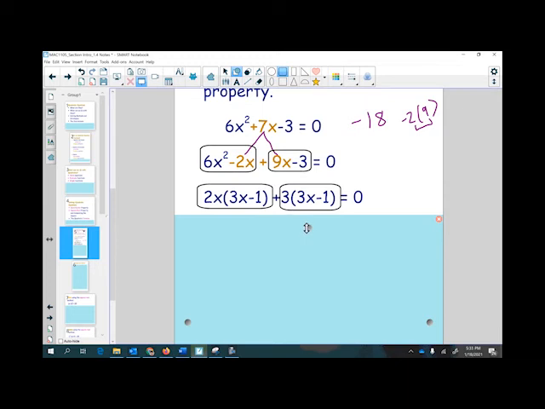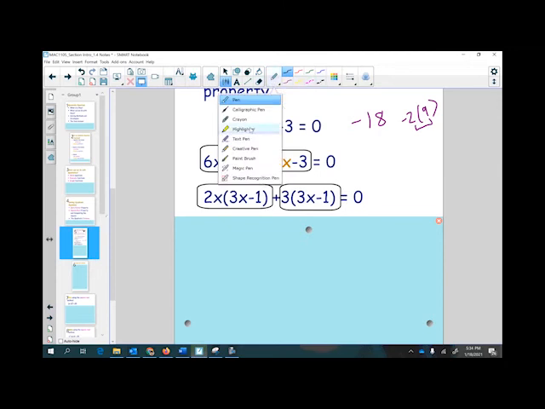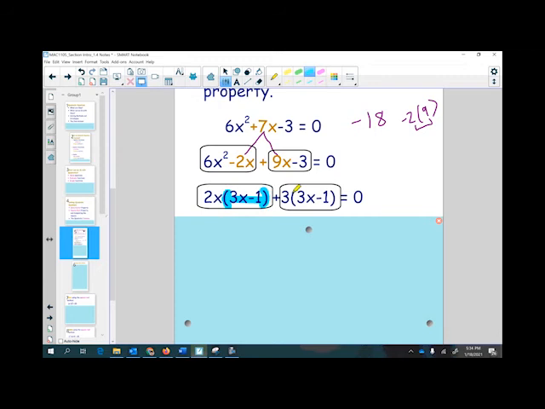All right, now we're getting closer. Here at this step, we want to notice that the parentheses in each of these are identical. If it's not, something went wrong and you have to go back and fix it. Or it might be one that's not factorable.